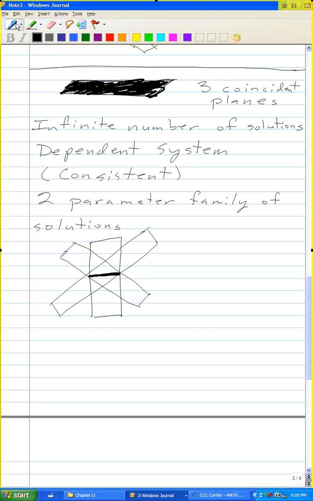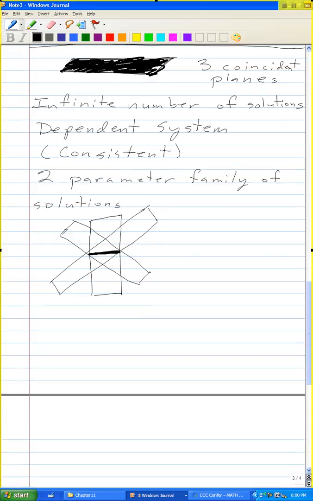And so this is the case where they have one line that is the same. And so this will give you a one parameter family of solutions. So the actual solution will just be a line as compared to a plane.